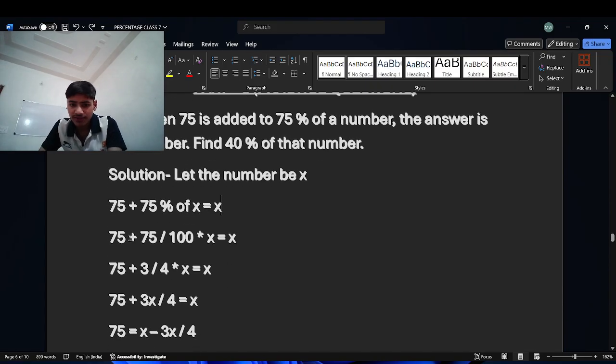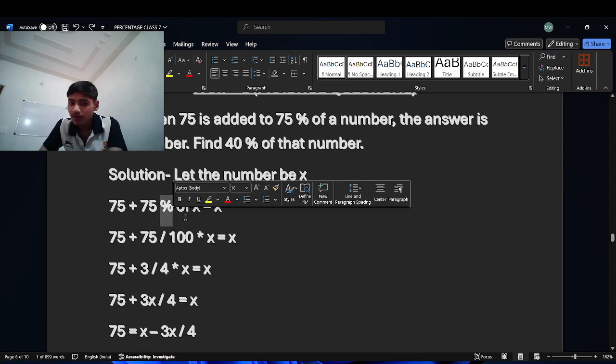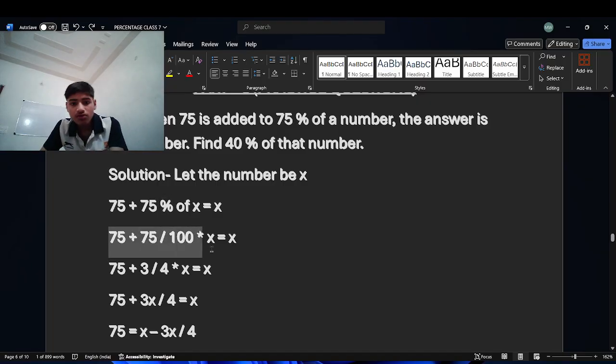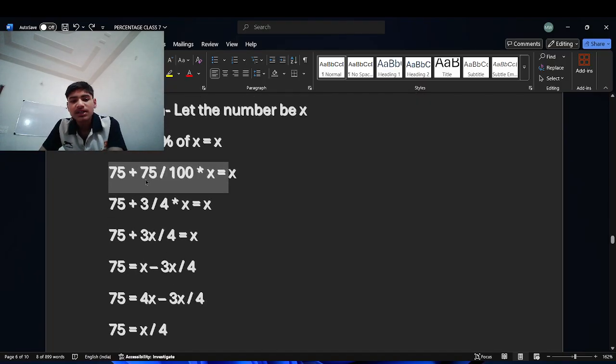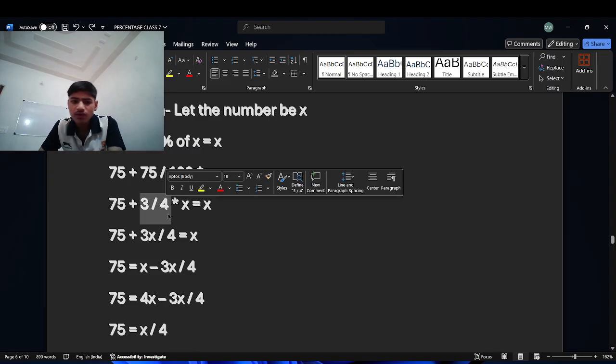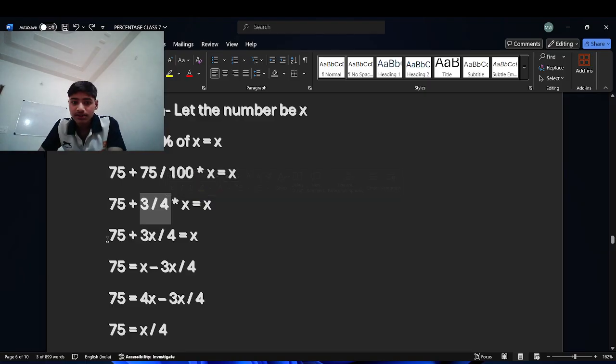Next, to remove the percent sign, divide by 100, and "of" means multiply. So 25 times 3 is 75 and 25 times 4 is 100, so 3 by 4 into x. So 75 plus 3x upon 4 is equal to x.